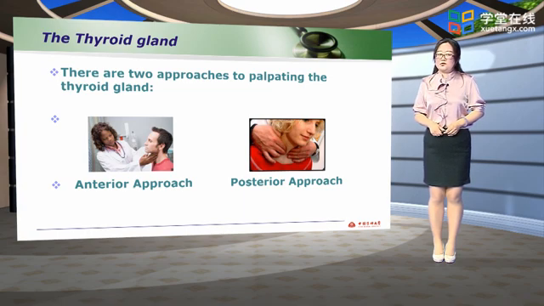Do the other side to examine the other lobe. That's the posterior approach. Have you learned that? If you don't understand it thoroughly, don't worry about that. I will show you in the practice course.